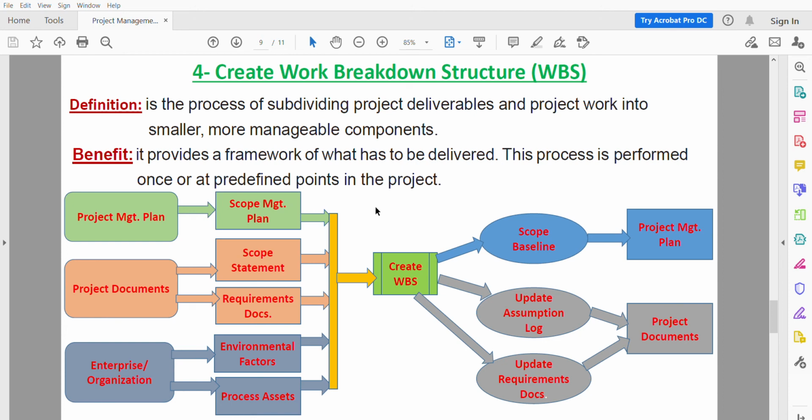The tools and techniques are expert judgment and decomposition, and we also talked about both of these tools and techniques before. The outputs of this process are the scope baseline, and the second one is the project documents update. So let us talk a little bit about these outputs in a minute.